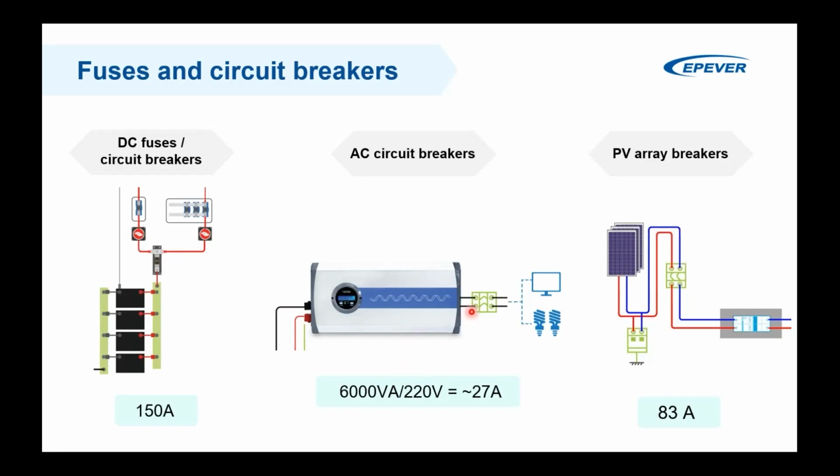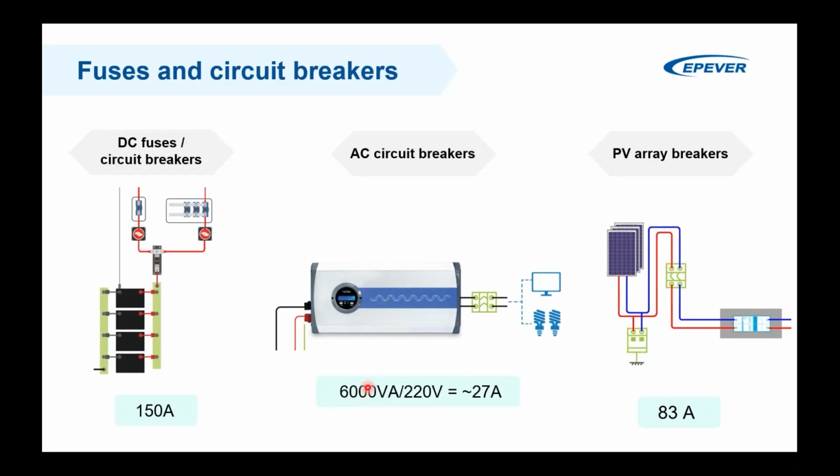And you also have to apply the same when you are supplying the consumers. You normally have a main AC circuit breaker, and then you might also have dedicated circuit breakers for each consumer. It depends on what you are powering and how much power you have. If you want to calculate the current rating of this fuse, that's simple.